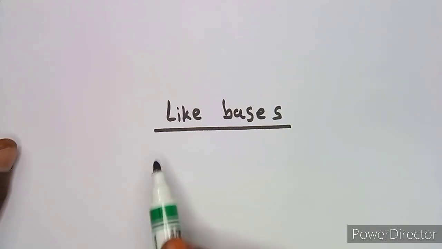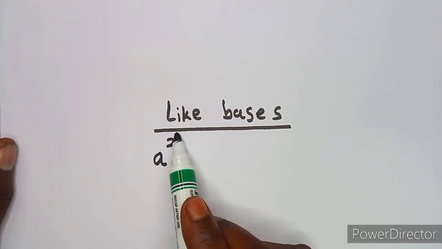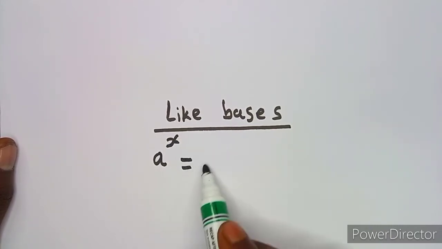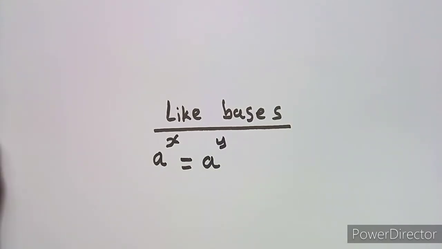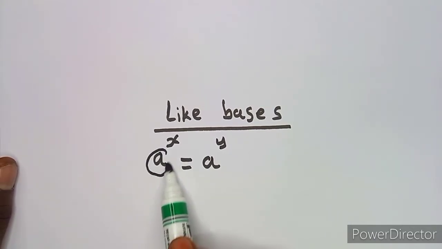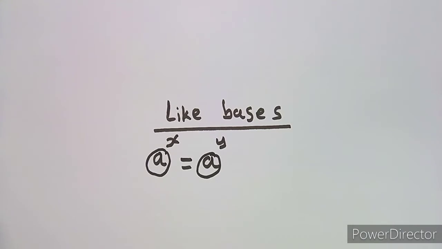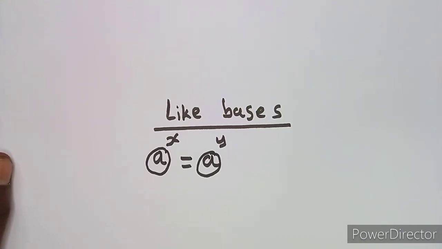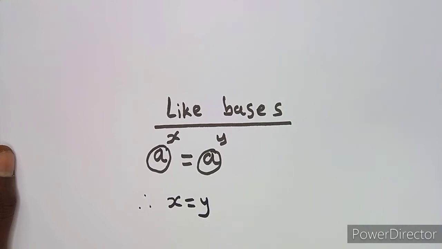Like bases is a condition where I am given something like a to the exponent of x, which is equal to a to the exponent of y. These two bases are the same, as you can see. We have a and a there. Whenever you are given this condition, it means therefore x is equal to y.